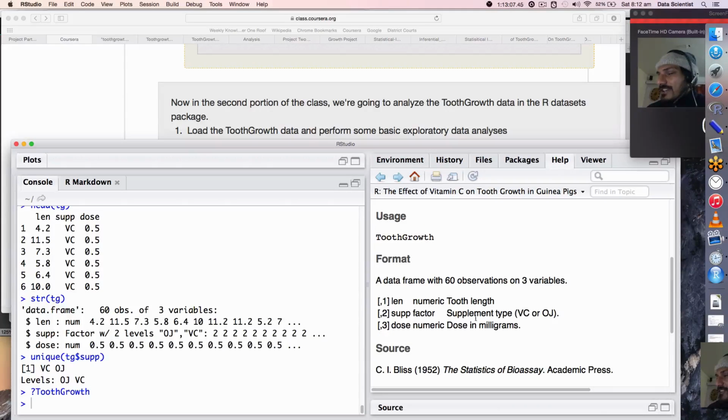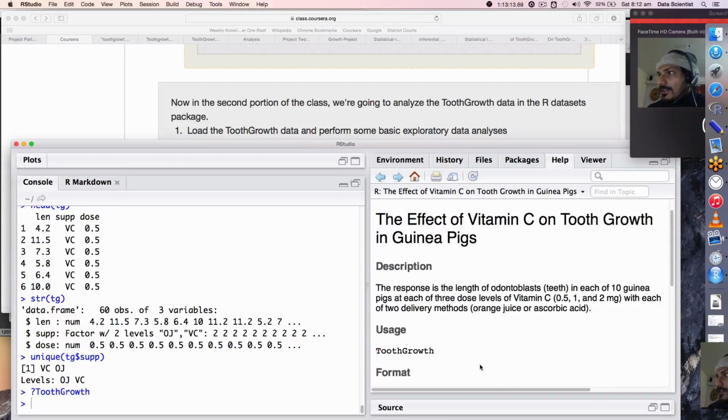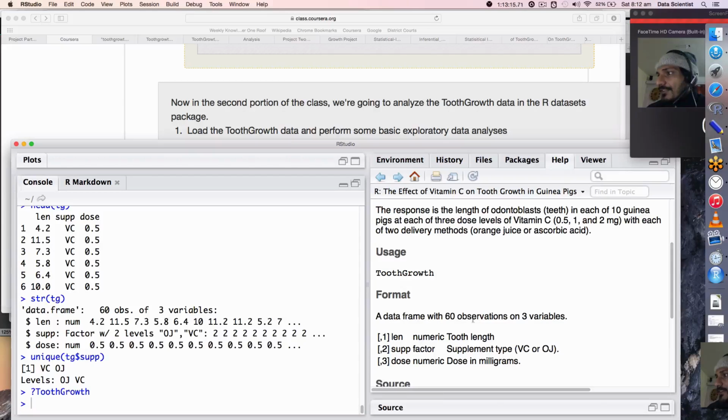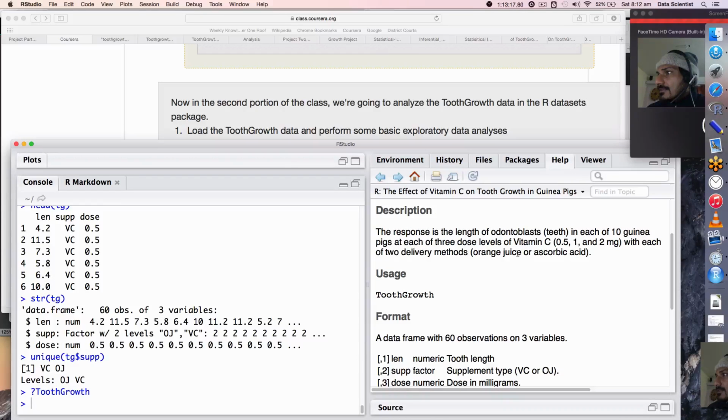So we have these three variables. Dose is in milligrams. It's a data frame with 60 observations, we've seen this. There are two delivery methods, dosage levels, and the response is the length, how much the tooth length has increased. Is the data clear to you now? This is how the data would look.